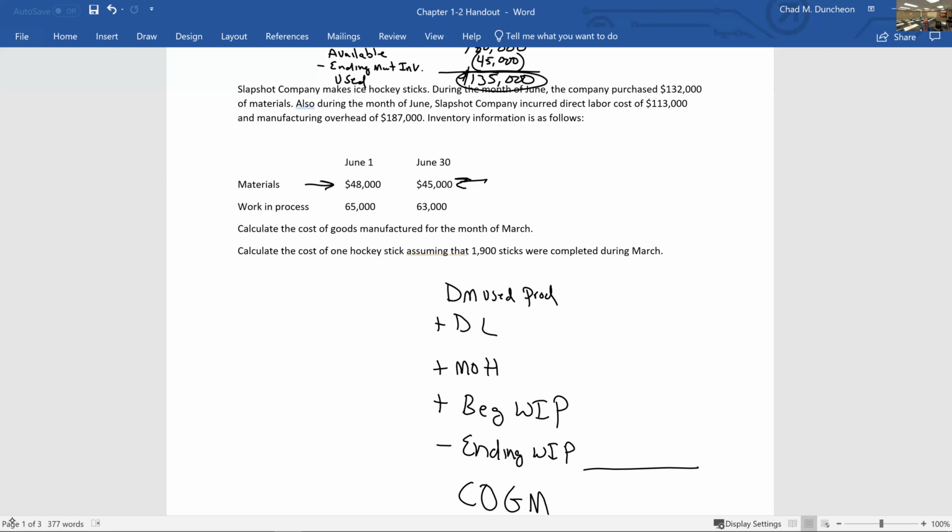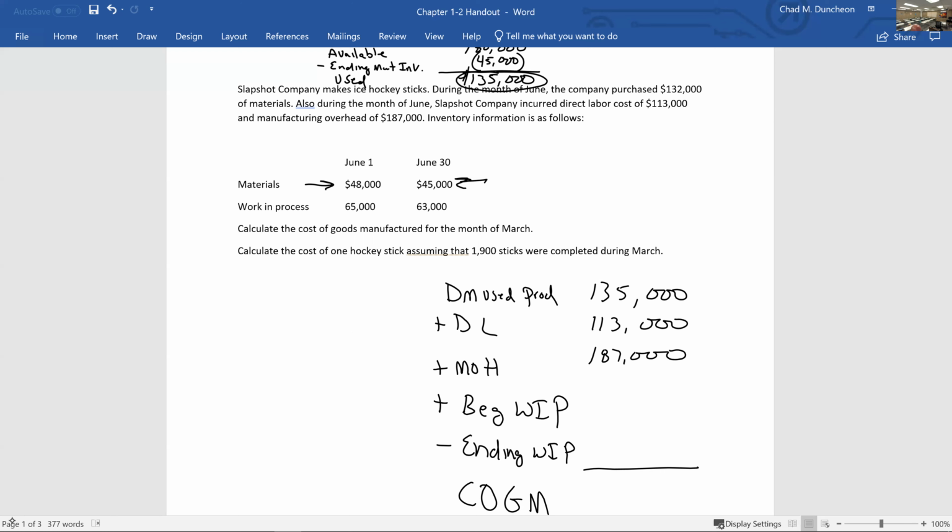If we didn't have it, we'd have to go through and calculate what our materials used was. That's where this 135,000 is coming from. Direct labor is given to us at 113,000. Manufacturing overhead is also given at 187,000.